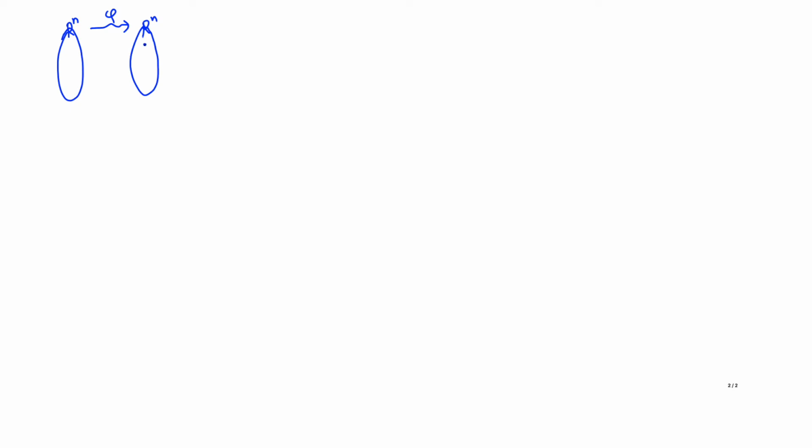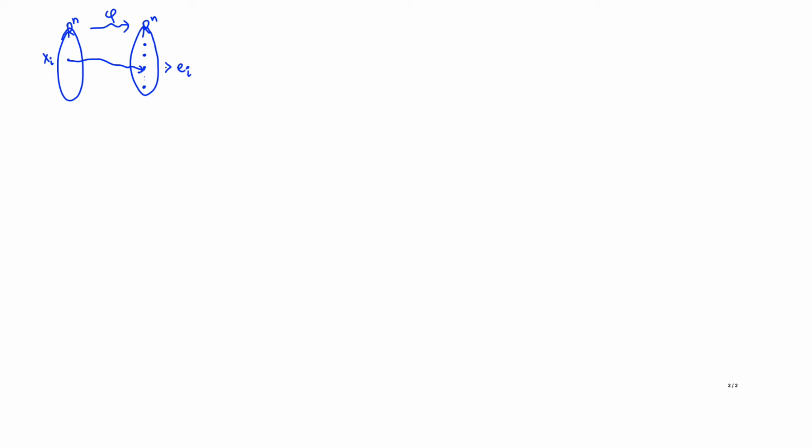In particular, each basis element e_i has some element of R^n which maps to it under phi. So there exists an element x_i in R^n which maps to e_i under phi.